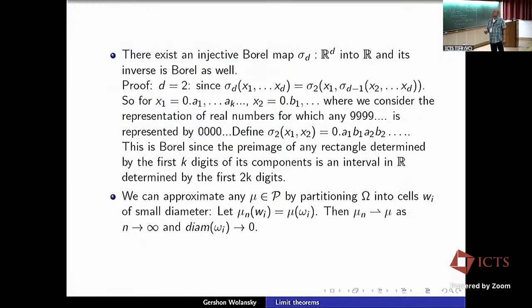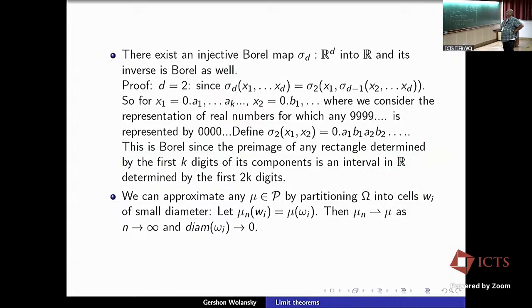The second statement is we can always find an injective Borel map from R^d into R, not onto, such that its inverse is also Borel. And it's enough to show it for dimension 2, because by an induction argument, we can define the mapping in dimension d to be the mapping in dimension 2 acting on x1 and the function sigma d minus 1 on the rest of the components.